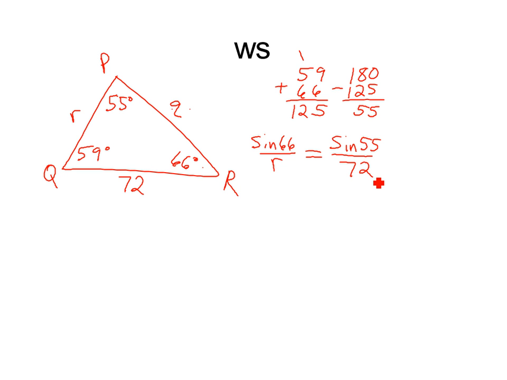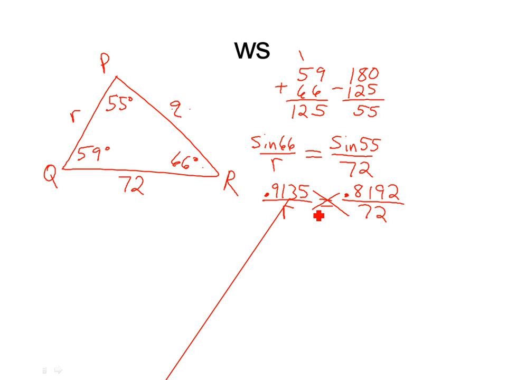Then you use your calculator again. Find the sine of 66. It comes out to be 0.9135. Put that over r equals sine of 55. Use your calculator. 0.8192. That goes over 72.